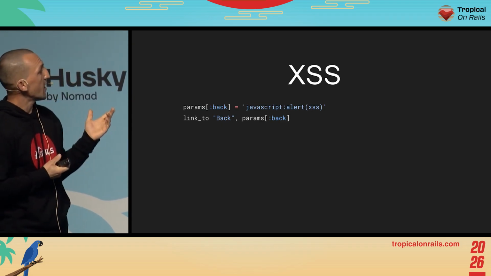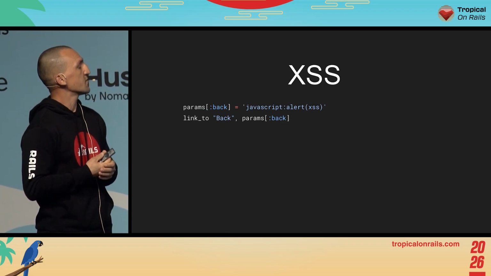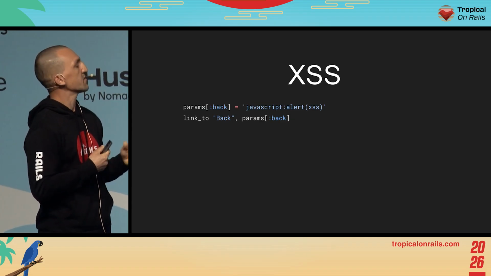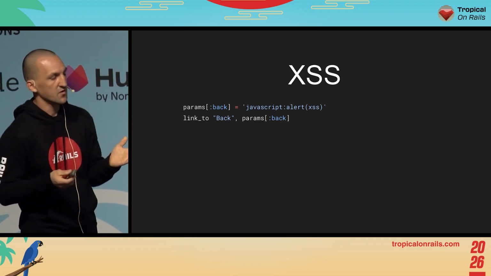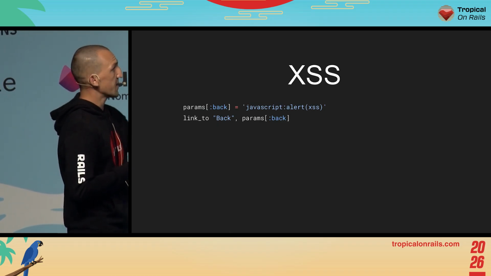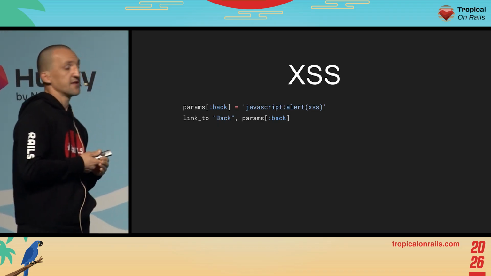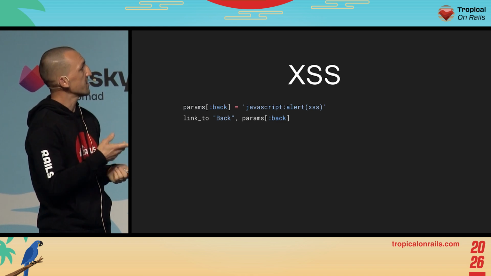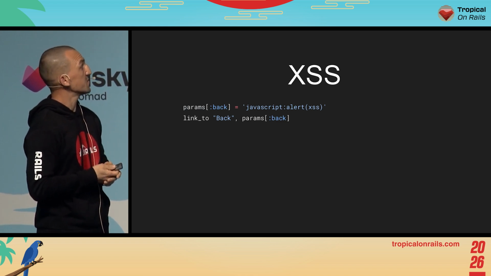So if you have an application where you allow the users to set their website URL on their profile, they can set it to a JavaScript payload, and then when anybody clicks on that link, that executes the JavaScript in the browser.